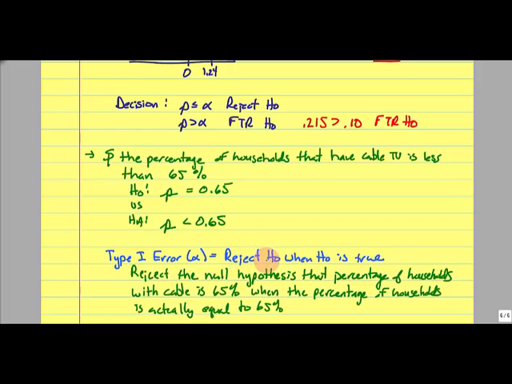So we said we rejected H0, and we said, okay, we don't think that the percentage of households with cable is 65% anymore. We think it's actually less than 65%, when actually it is 65%.